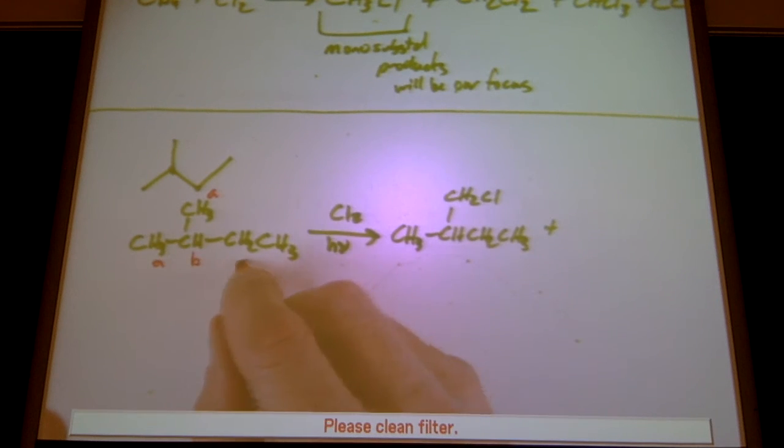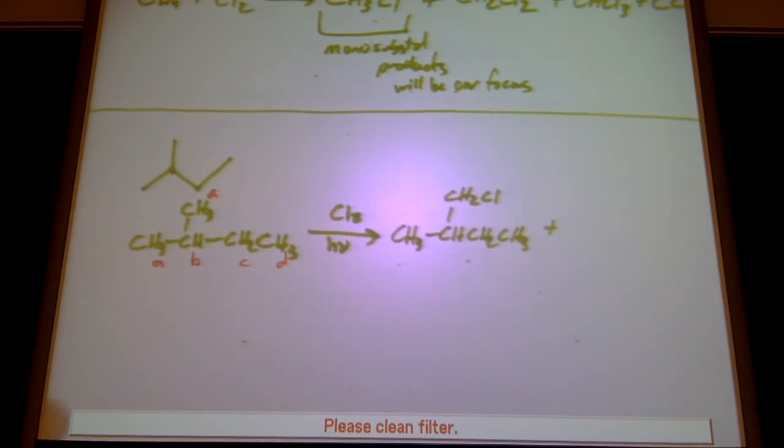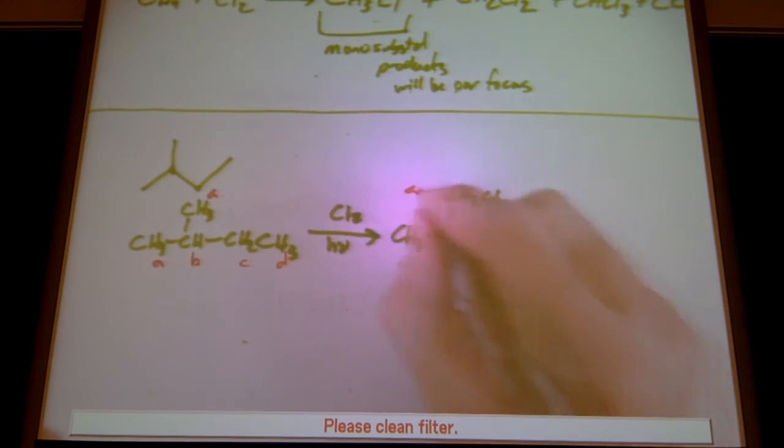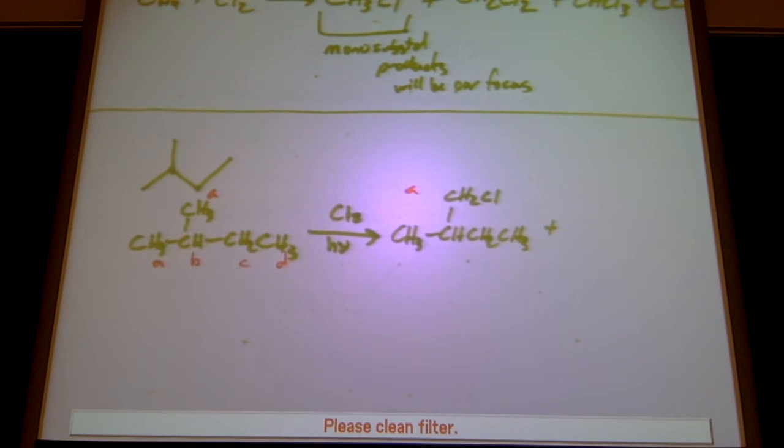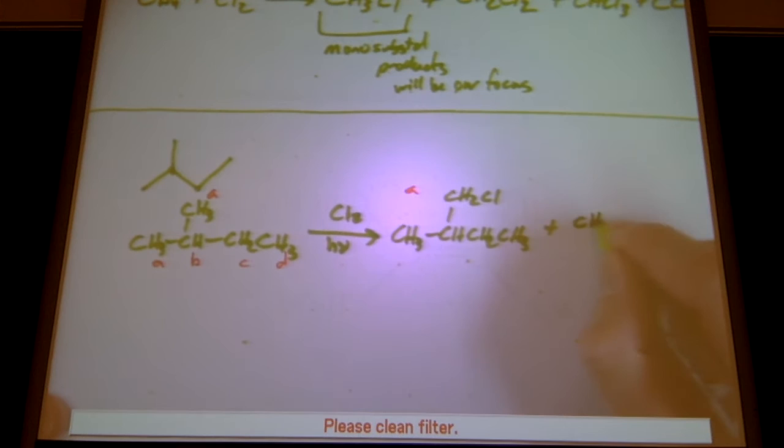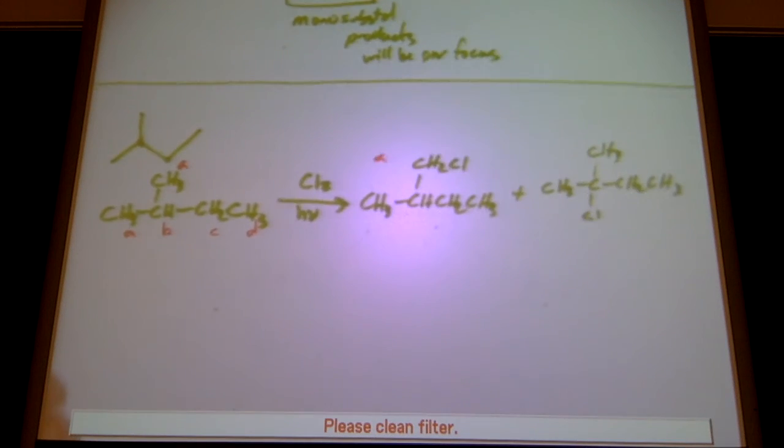That one's different, that one's different, and those are different. So I'm going to have 4 different products there. So this is a product from A. So that would be B.